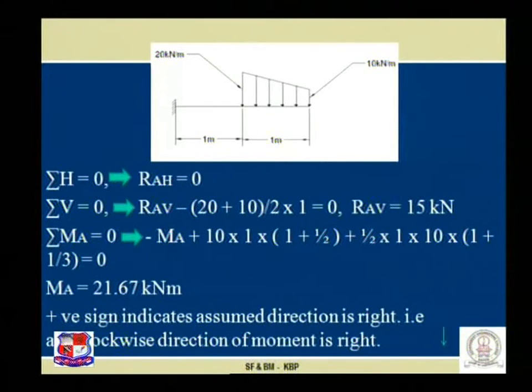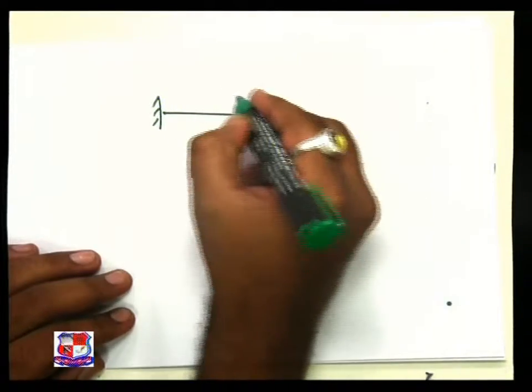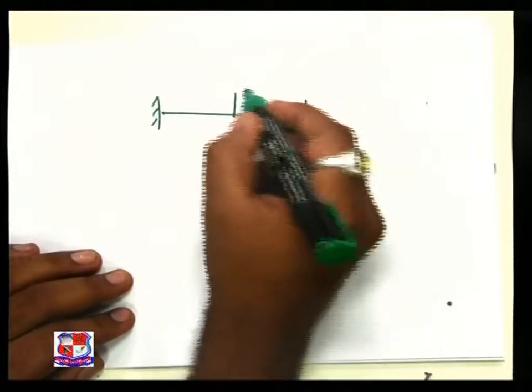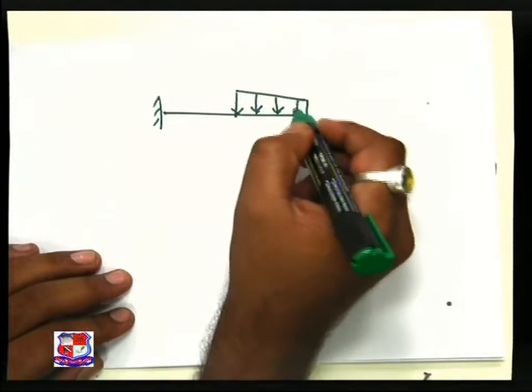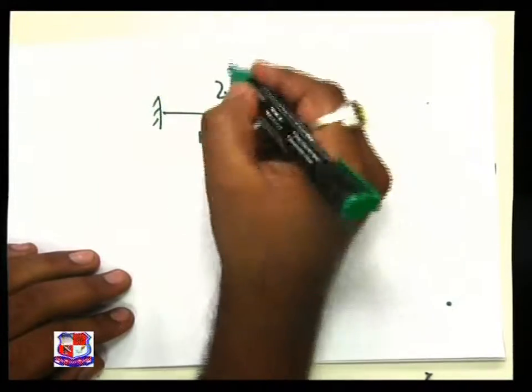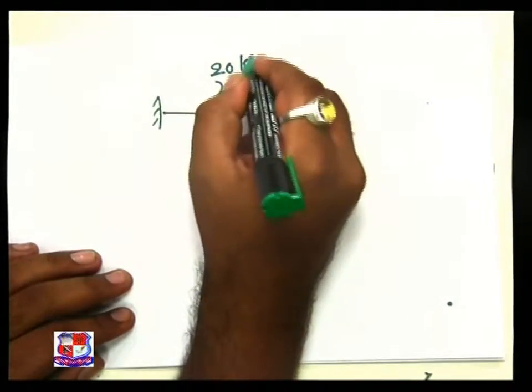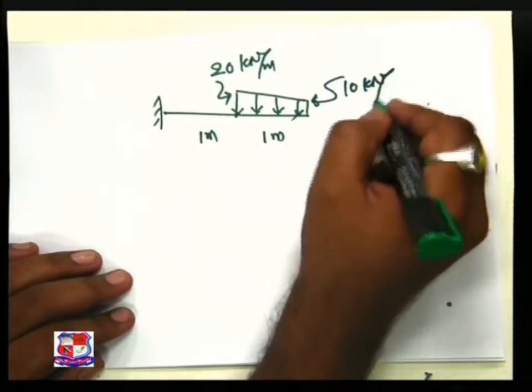Now the given beam, which is a cantilever, specifically with a UVL, this is 20, 10.